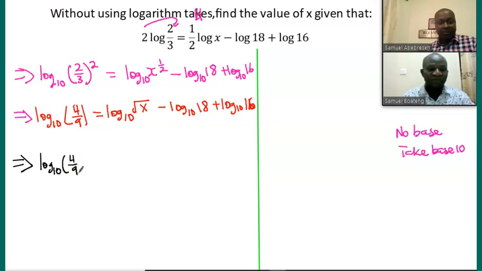4 on 9 equal to, let's apply the laws. So log to the base 10, bracket open, x over 18 because of the minus, bracket open, times 16.